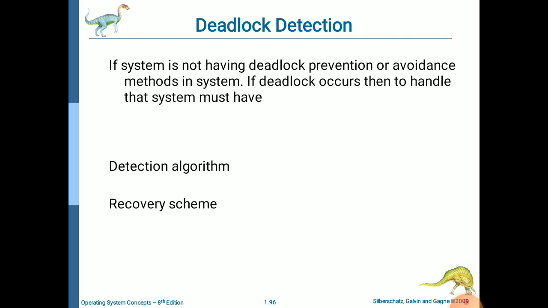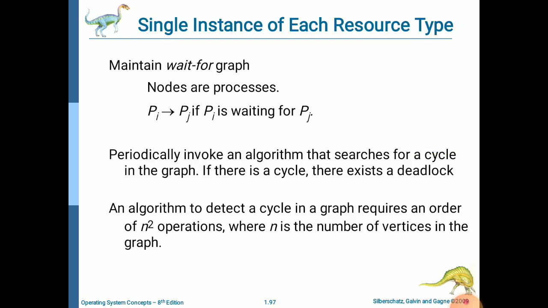The system continues its execution, and at some instances it will execute the detection algorithm. If there is a deadlock, then it will recover from it. So there are two steps: the deadlock detection algorithm and the recovery scheme. About the deadlock detection algorithm, we will discuss in the next video.